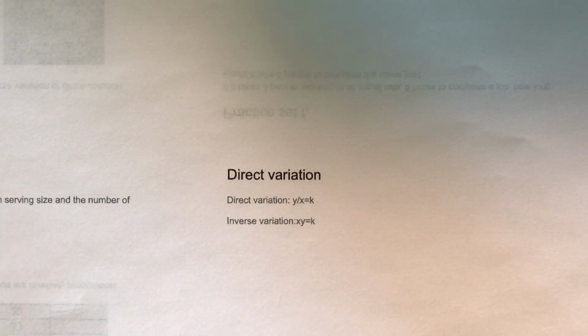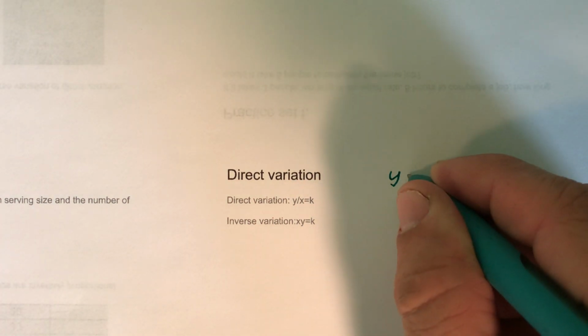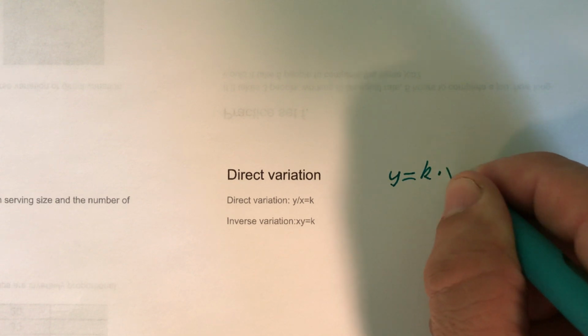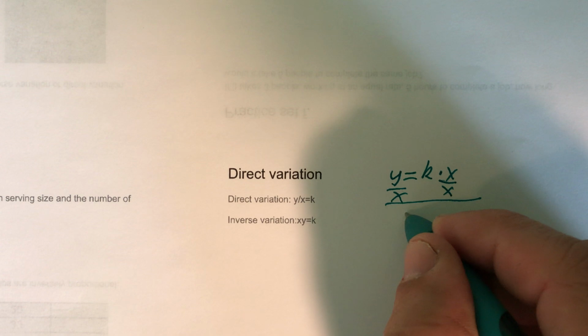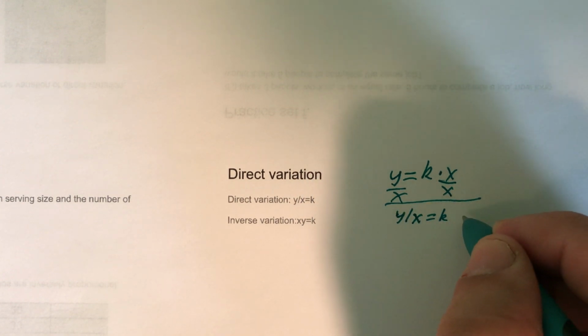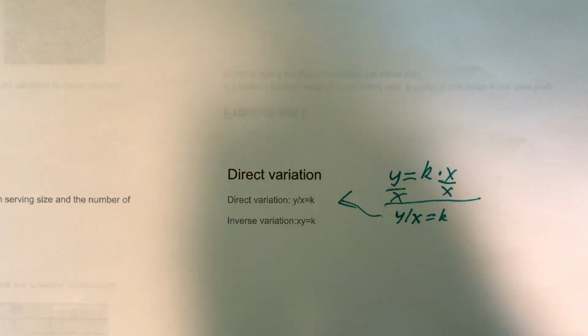Direct variation. Remember, direct variation when we used it before was y equals k times x. How do they get there? They just divide both sides by x. They get y over x equals k, which is how we get right there.